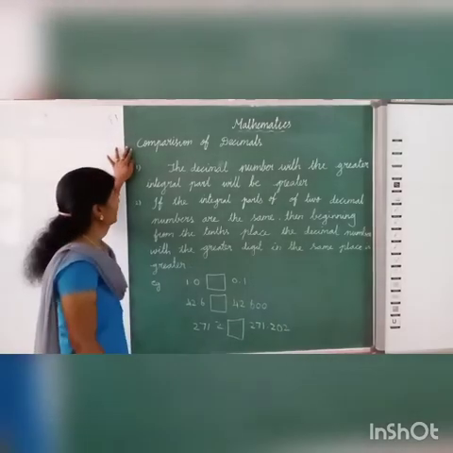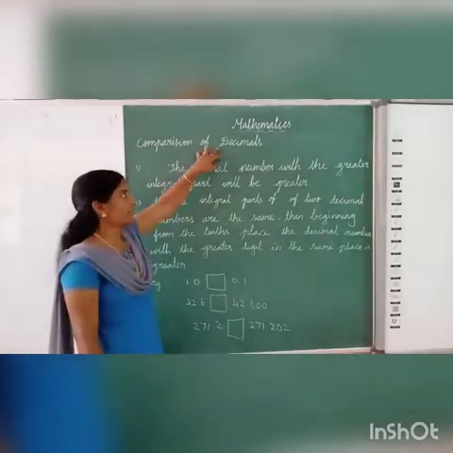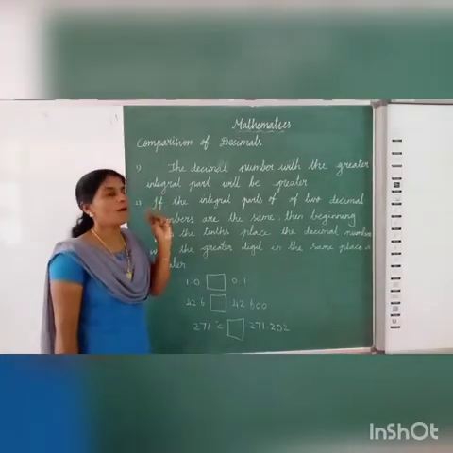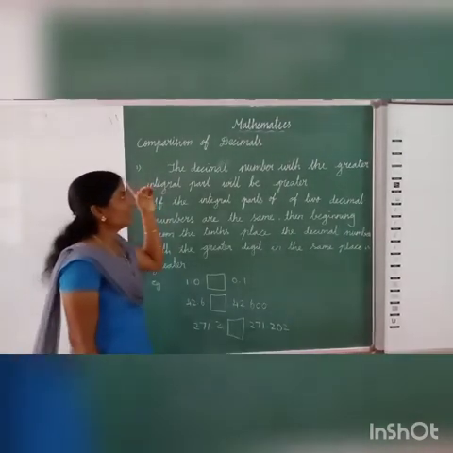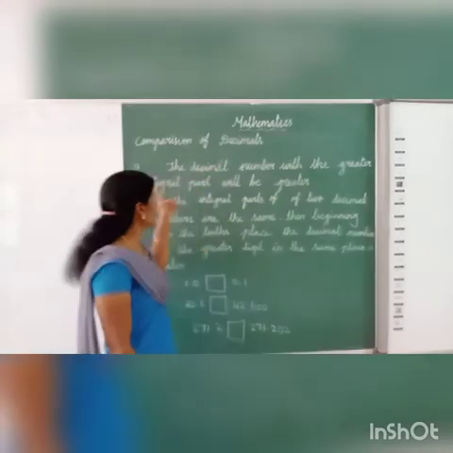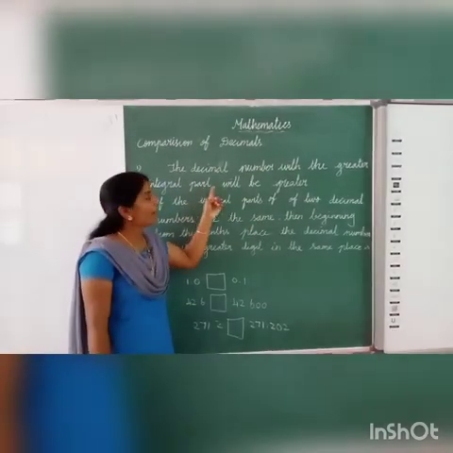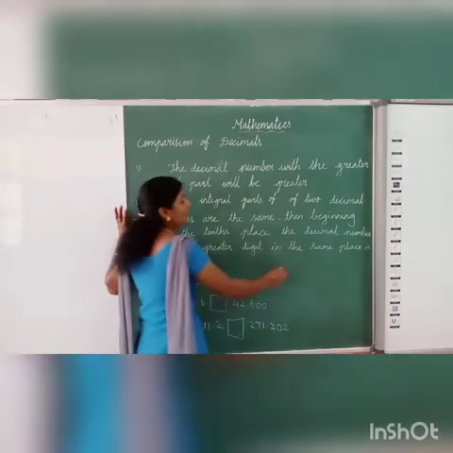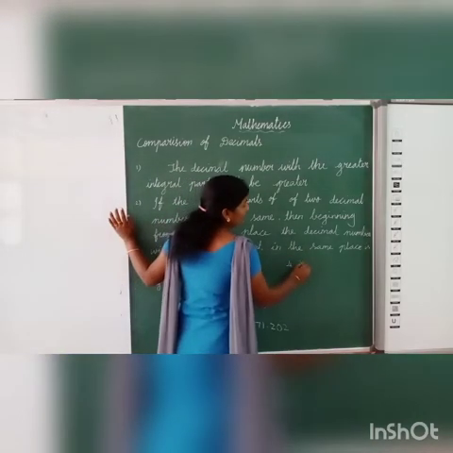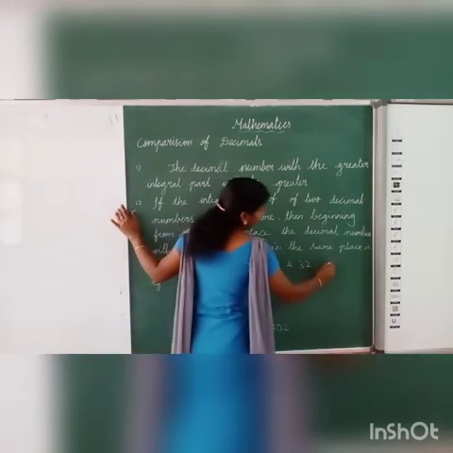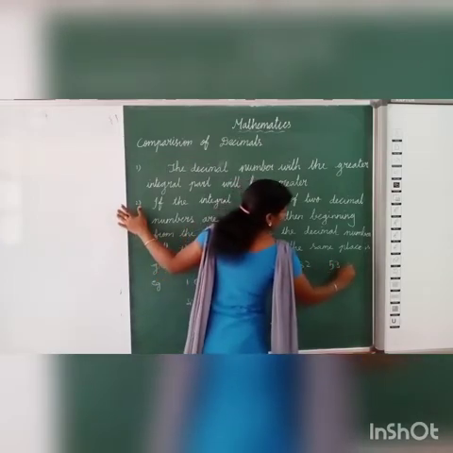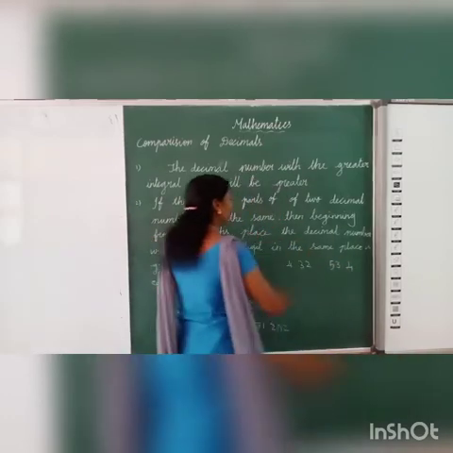Now next one, comparison of decimals. Okay, comparison of decimals. Now we have 2 points. First one, the decimal number with the greater integral part will be greater. Okay, for example, here 4.32, then again 53.4. Okay, 53.4.